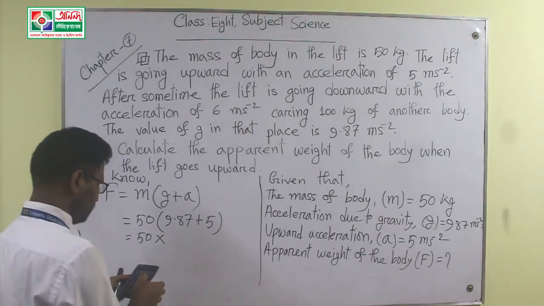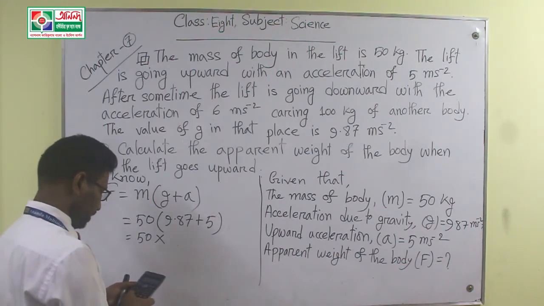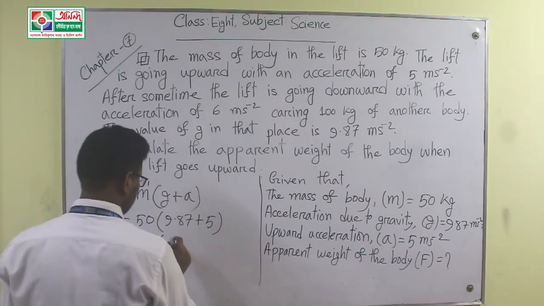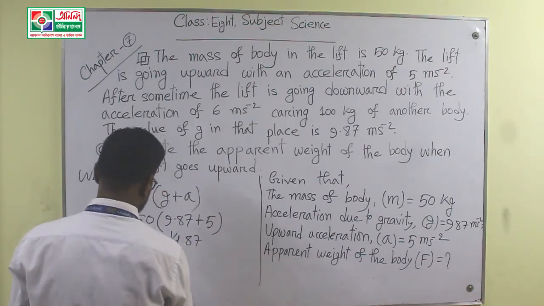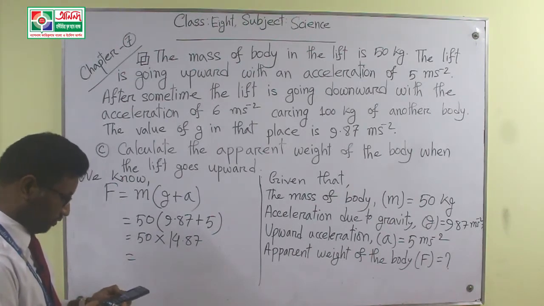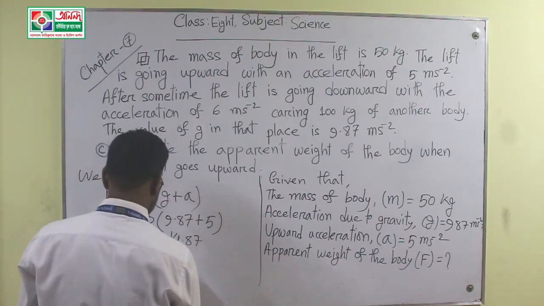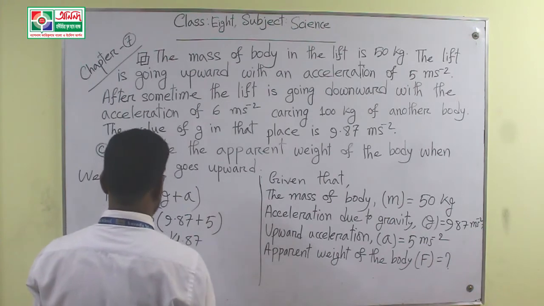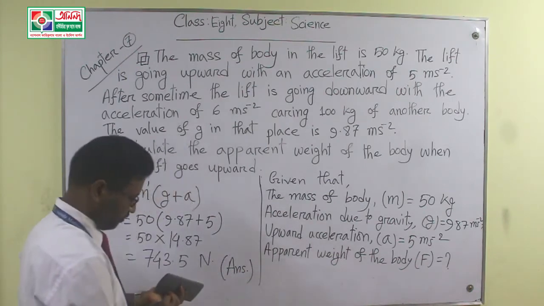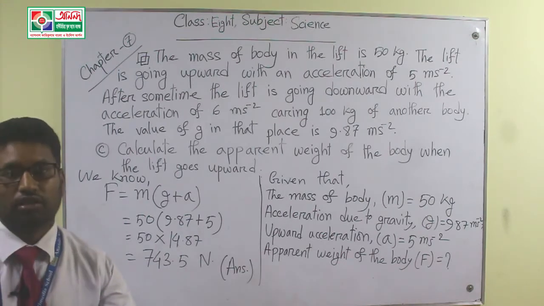9.87 plus 5 is 14.87, and into 50 is 743.5 Newton.